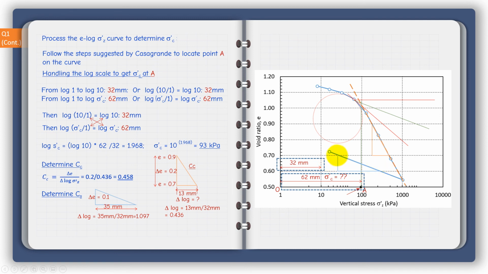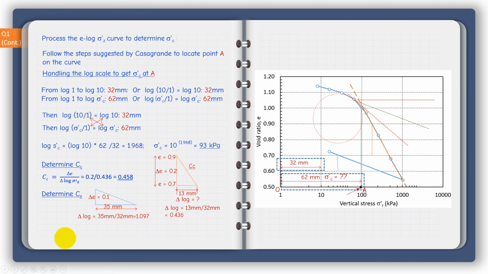0.7, 0.6, and this will give me delta e equals 0.1, as you can see here. And at the base of the triangle, I measure it, so 35 millimeter. So delta log is 35 millimeter, which is this base, divided by 32 millimeter, which is what the log unit would be equivalent to in terms of millimeter.